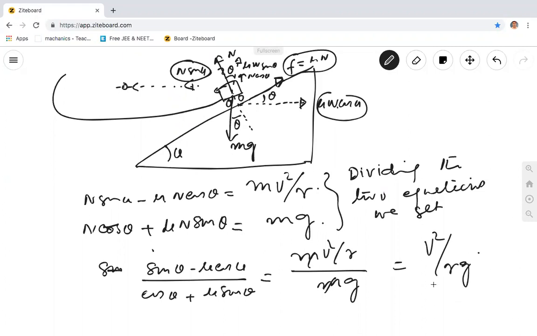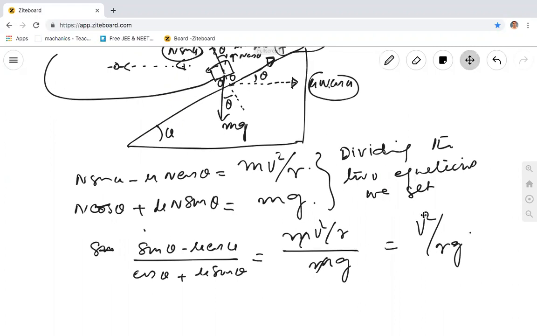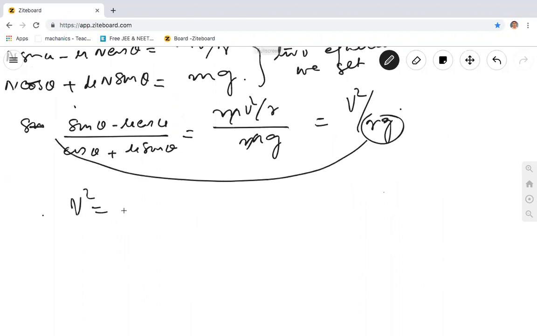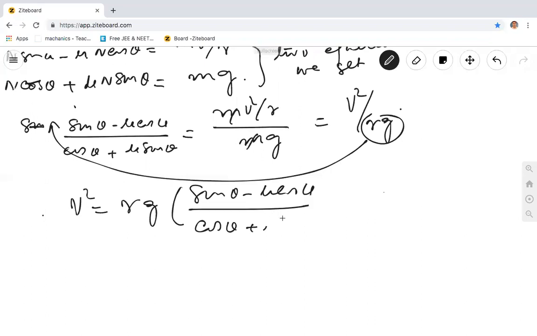Is that right? Okay. Now see here, one more interesting thing. What is v square? We get rg times sine theta minus mu cos theta by cos theta plus mu sine theta.